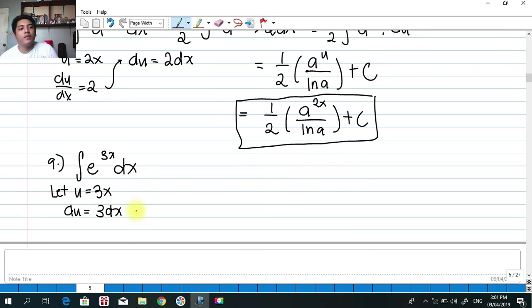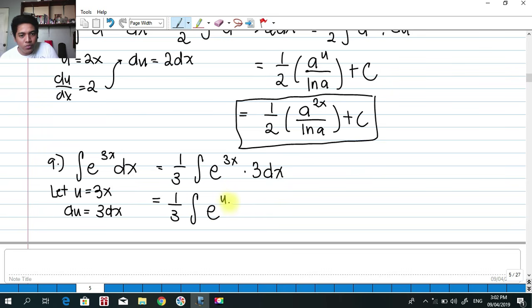So what we are going to do is find the integral of e raised to 3x. We have 3 dx here, so we multiply by 3 dx, and we have to add 1/3 outside of the integral.